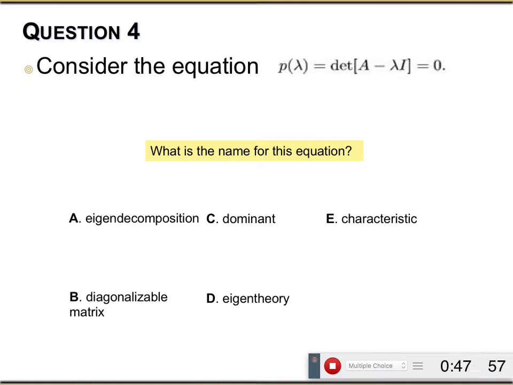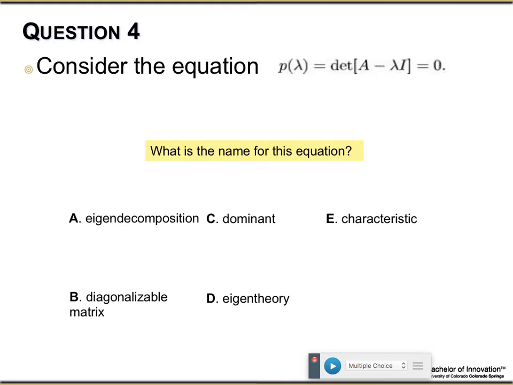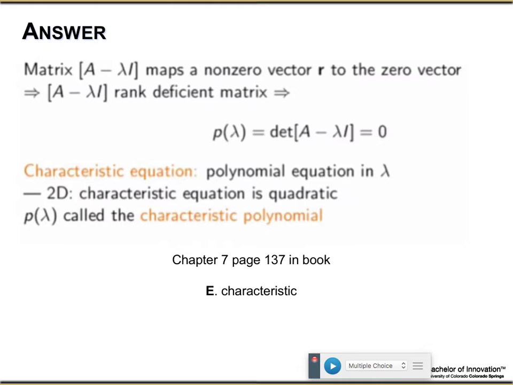Missing somebody, but okay. Okay, so this one is the characteristic equation. So a number of people were distracted by the eigen in eigen decomposition, and a few were by d-eigen theory, right? No, this is the characteristic equation, page 137 of the book.